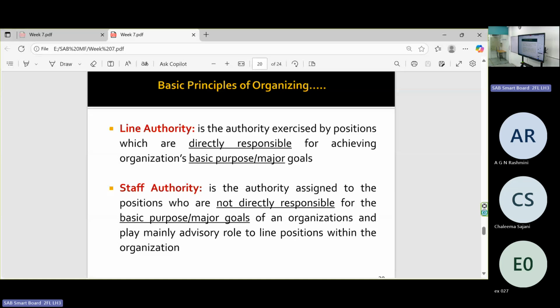The CEO, marketing manager and production manager are normally considered line authority positions. The IT manager and research and development manager also provide support to the other major departments. Internal and external auditors are staff positions. But both are required for organizations.